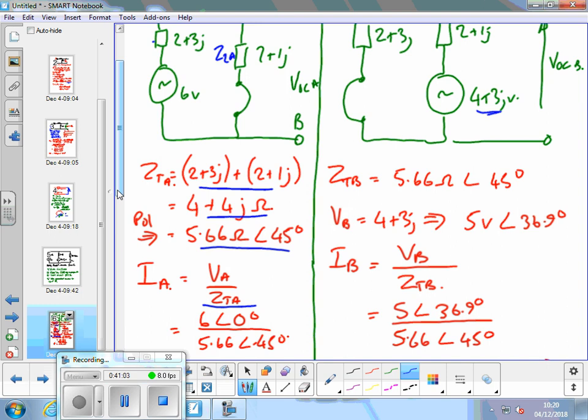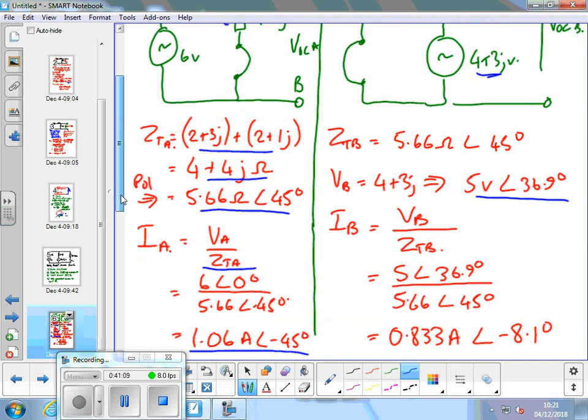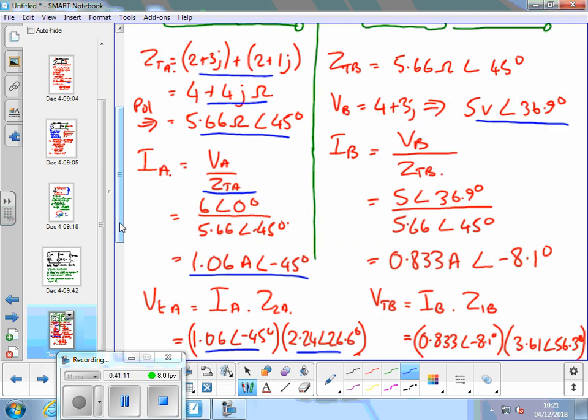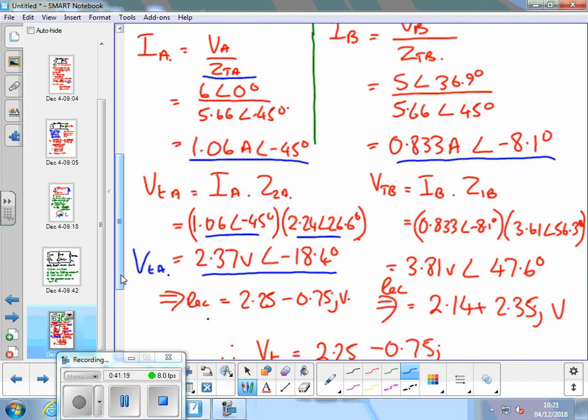We've got a complex voltage this time, so I've converted that to polar. Use that polar voltage to calculate the current in circuit B. Use that current in Ohm's law to calculate the voltage for circuit B, V Thevenin's B.